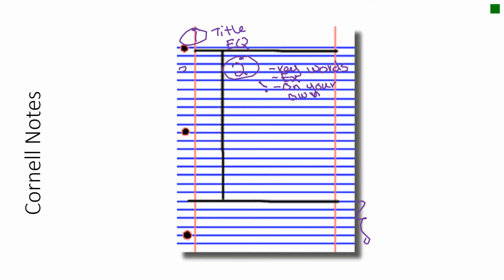A 3 is for the left-hand side of your paper right here, that small section, and I expect to see the main idea, two things, main idea listed here, and keywords, key questions.